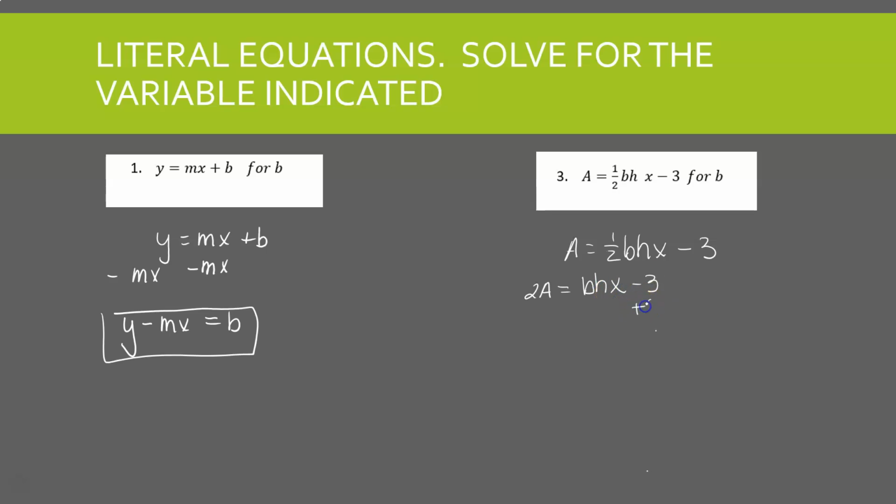Now I'm going to add 3. So I have 2A plus 3 equals bhx. And we're solving for b, so I'm going to divide by hx. There we go.